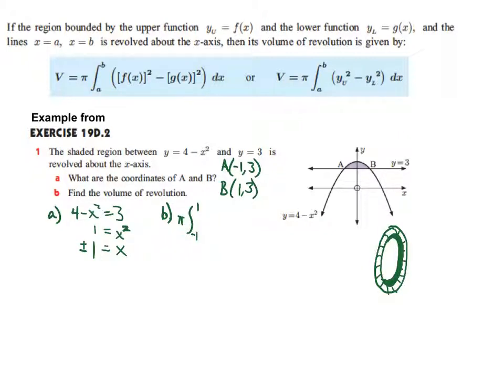The 4 minus x squared. This parabola is on top, okay? So this is our upper. So I need to do 4 minus x squared, squared, minus y minus 3 squared. The 3 squared.